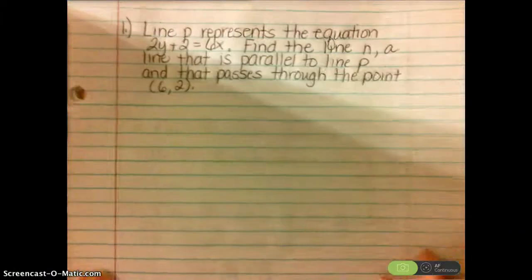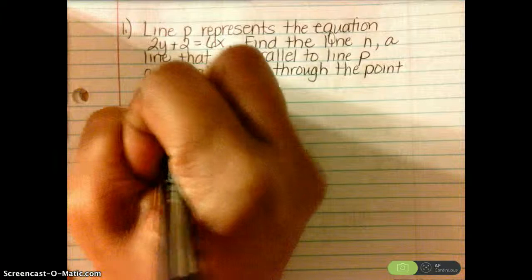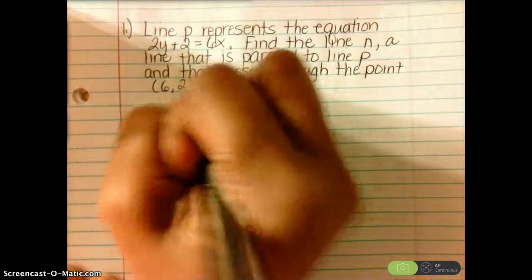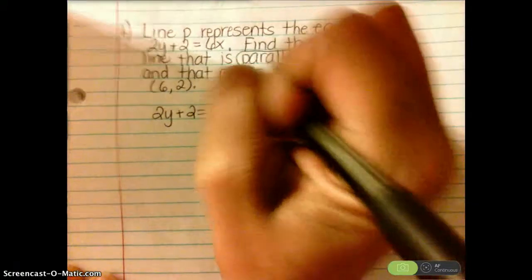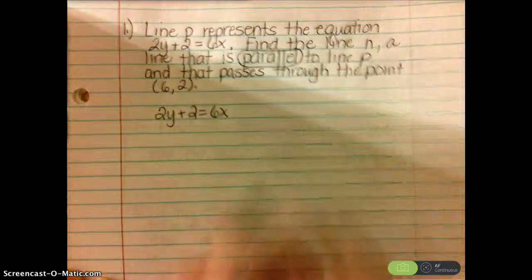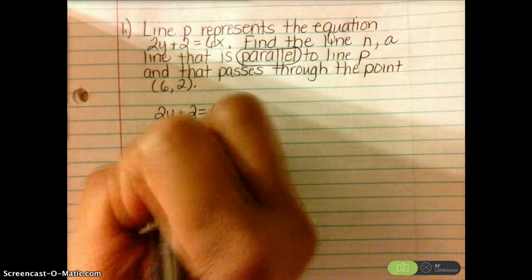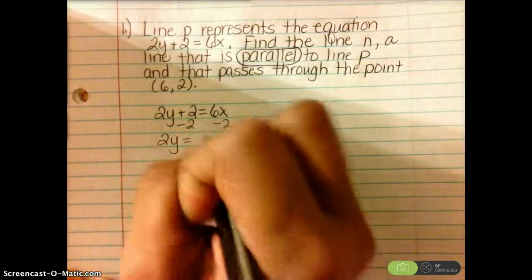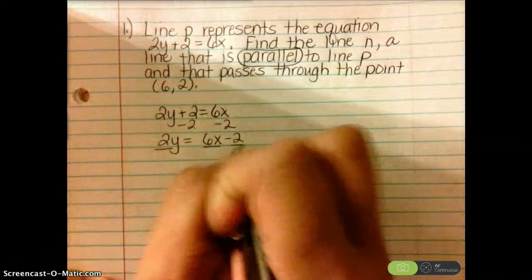So we're going to start out with the equation that we're given for line P. And we have 2y plus 2 equals 6x. The problem talks about finding an equation that is parallel. Parallel means the same slope. So to find the slope of this equation, I need to subtract 2. I get 2y equals 6x minus 2. Then we're going to divide each term by 2.